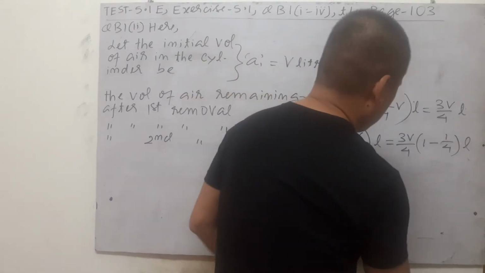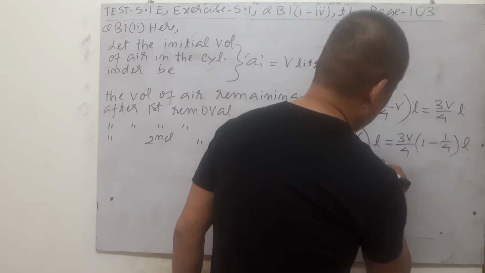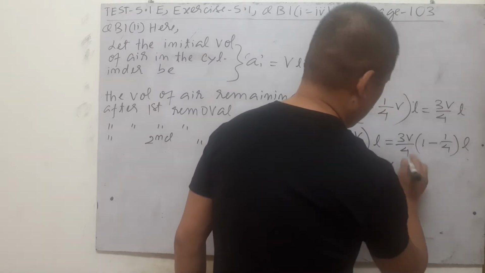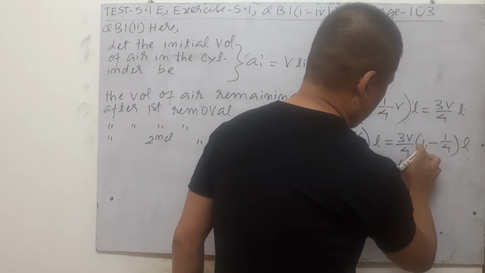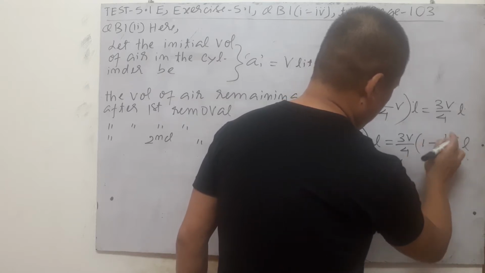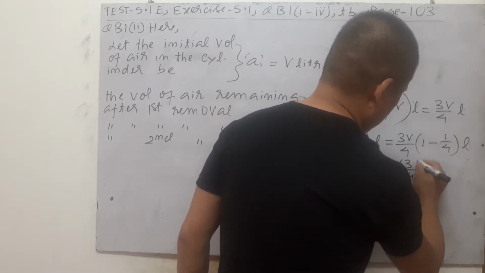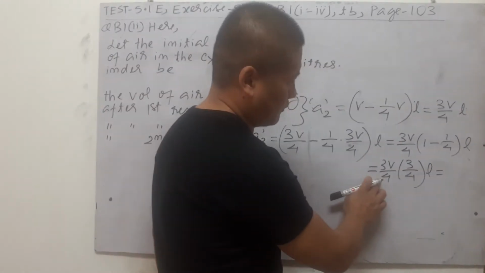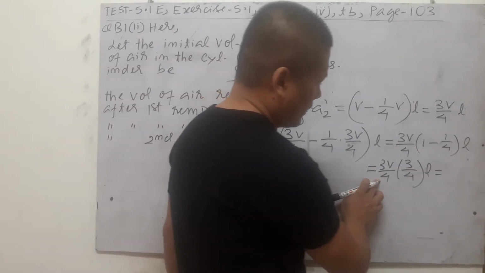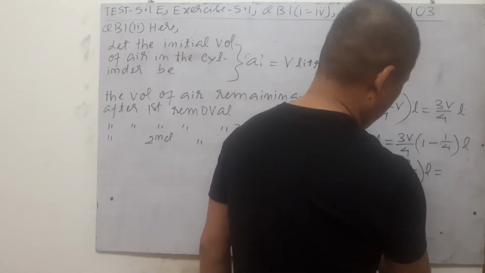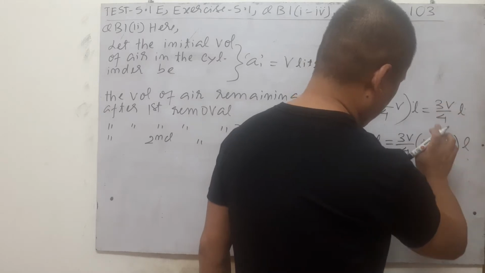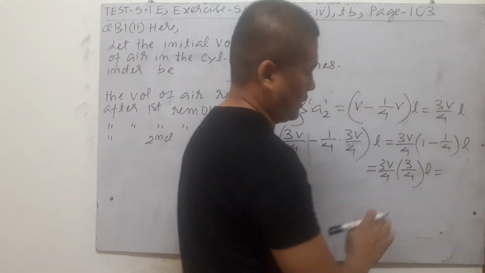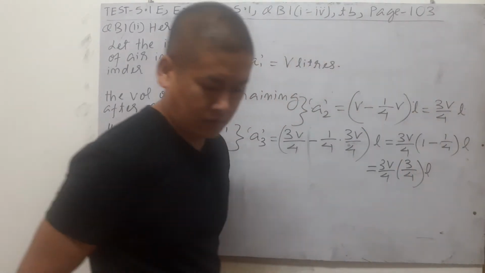Let me write once more. That will be equal to 3V/4 as it is, into 3/4, this part liter. So we can write this one as 3V/4 into 3/4, and keep it like that.